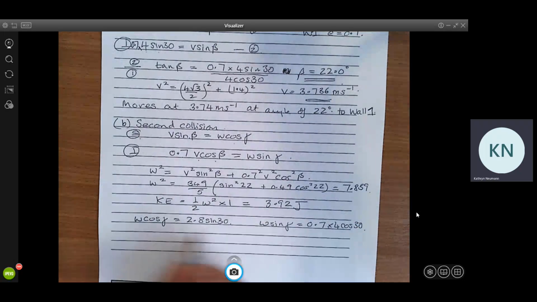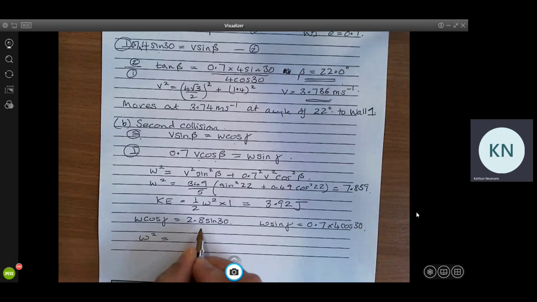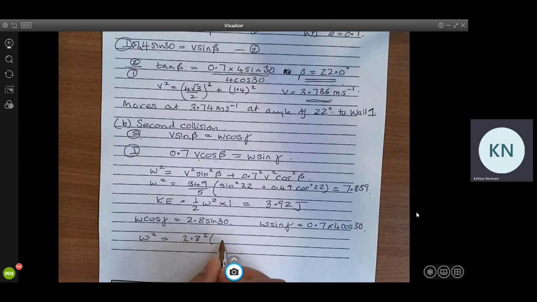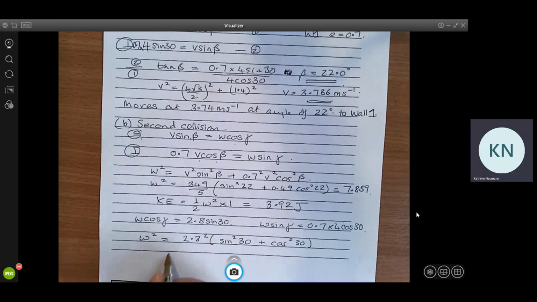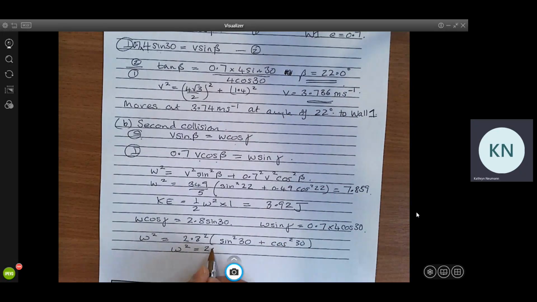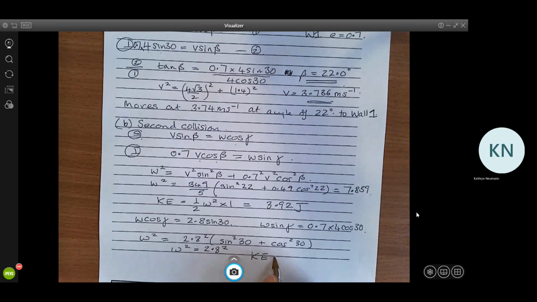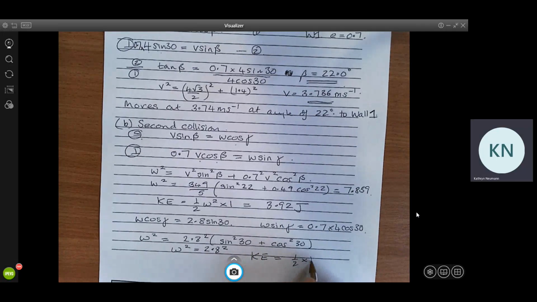We can then square and add these to get W squared is equal to 2.8 squared times sine squared 30 plus 2.8 cos squared 30, and that gives me W squared is 2.8 squared. So the kinetic energy is going to be a half times 1 times 2.8 squared, and that gives me 3.92 joules.